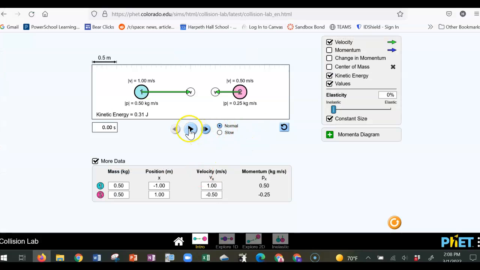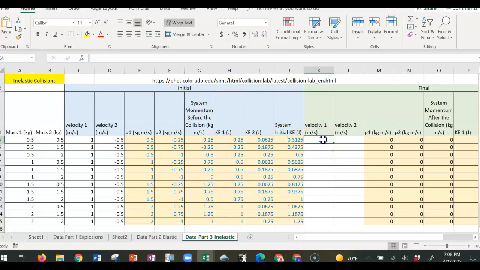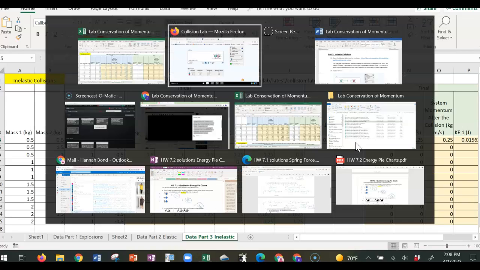And then I click play and let them collide. They've stuck together, and they're both going to the right. I see that both of them have a positive velocity of 0.25 after the collision, so I fill that into my table.